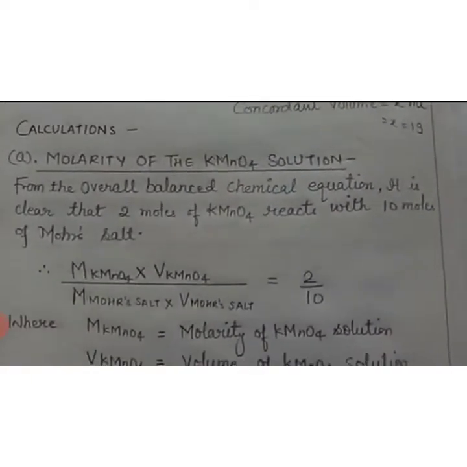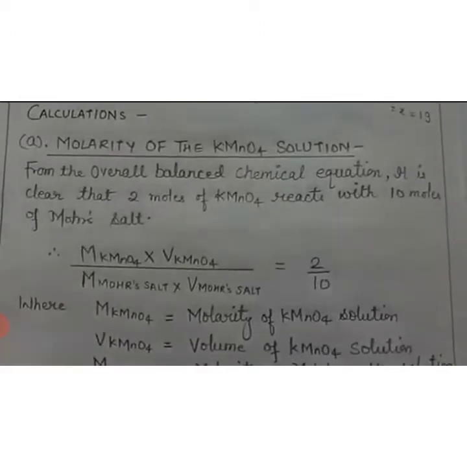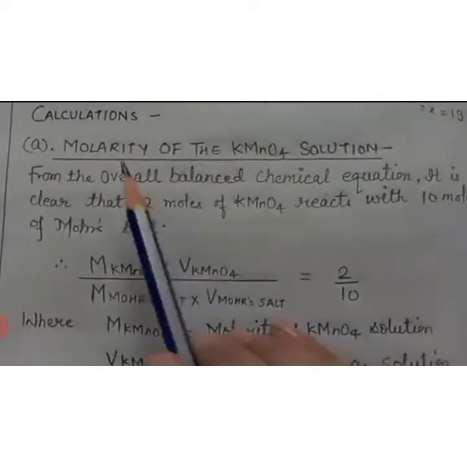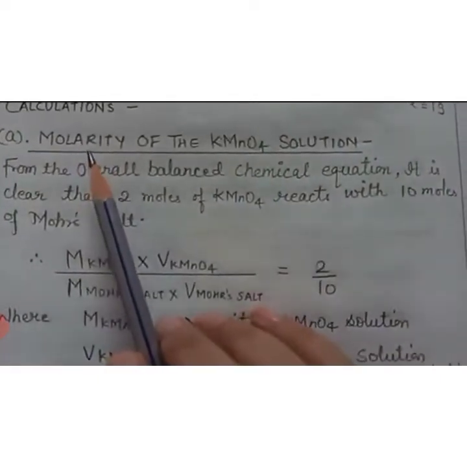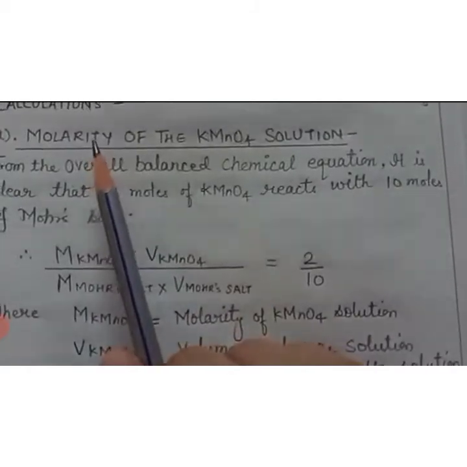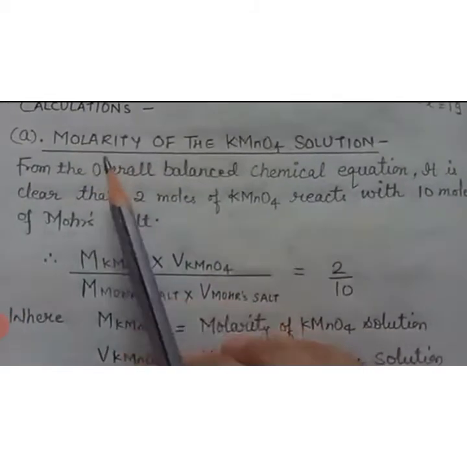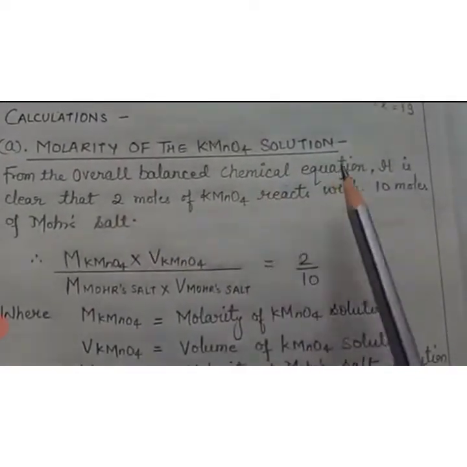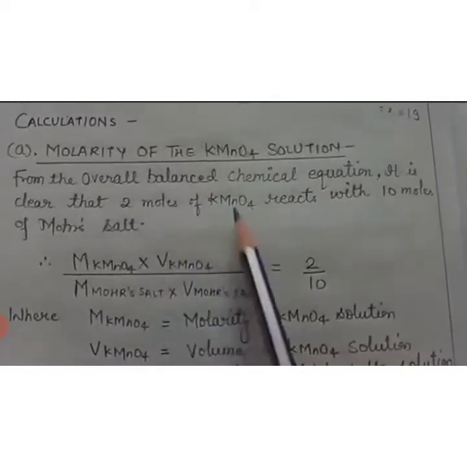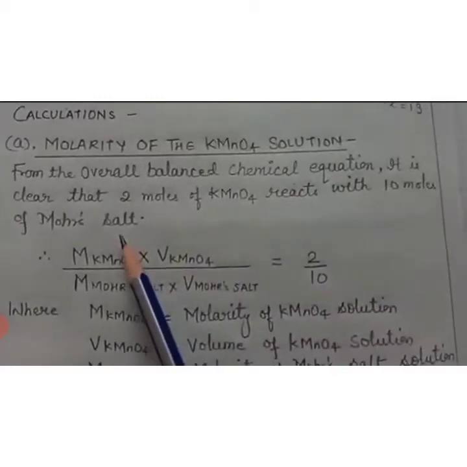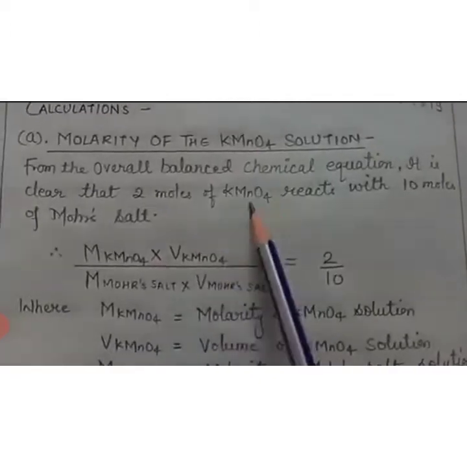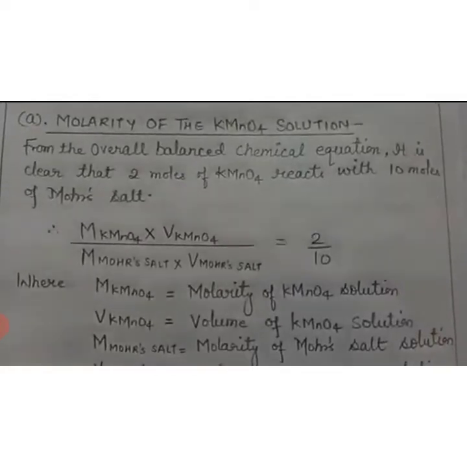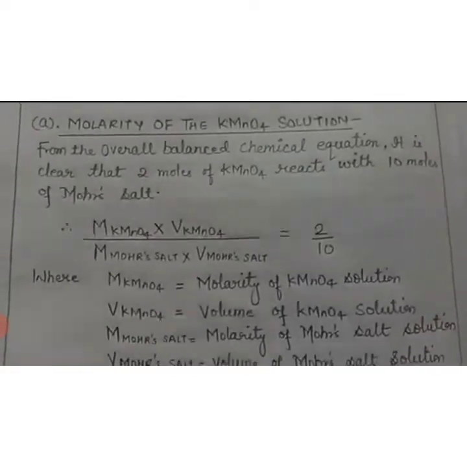Use the formula for calculating the molarity of KMnO4 solution. M of KMnO4 into V of KMnO4 upon M of Mohr's salt into V of Mohr's salt is equal to 2 by 10, where M stands for molarity and V stands for volume. This 2 by 10 we are getting from the overall balanced chemical equation, because from the balanced chemical equation 2 moles of KMnO4 reacts with 10 moles of Mohr's salt.